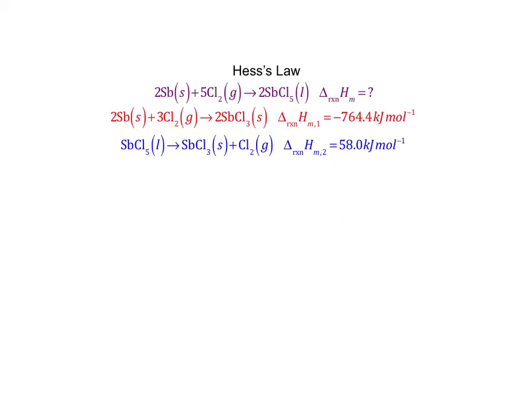Okay, so Hess's law. If I wanted to find the enthalpy of reaction for this top reaction, the antimony plus the chlorine goes to form antimony pentachloride, and I wanted to find the delta H of that reaction, I am given in the problem the delta H of two different reactions.